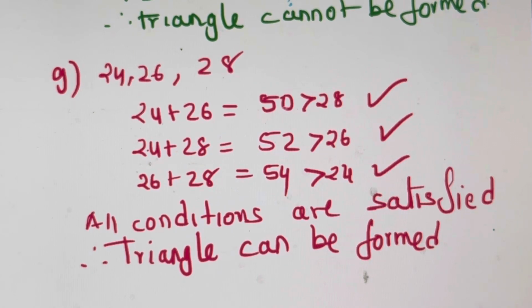This is only 2 more, so 52. Then 26 and 28. This is 4 more, right? So the answer will be 54. So that way you can simply add the numbers without doing any rough work.